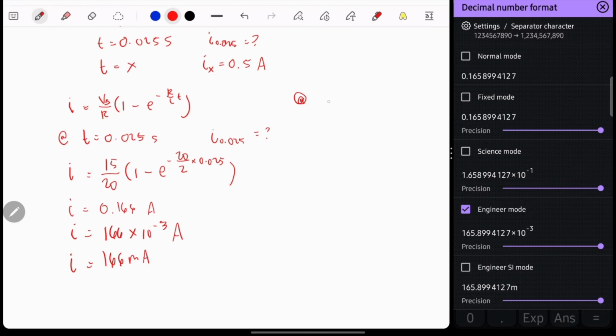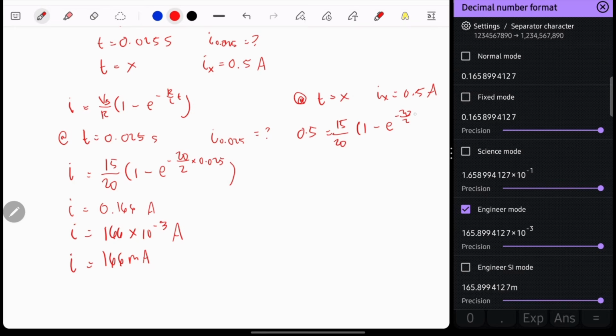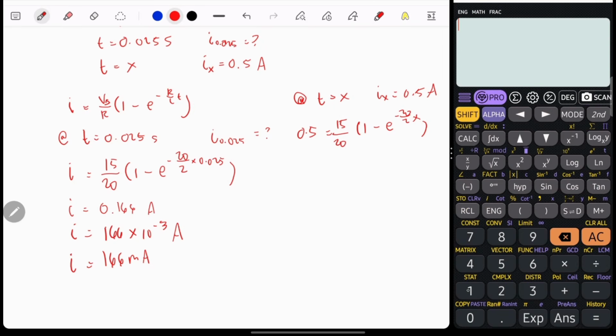So next missing is the time. At t equal to x, the current is equal to 0.5 amperes. So I is 0.5, V sub S is 15, resistance is 20, 1 minus e to the negative 20 over 2, missing time. So 15 over 20 is 3/4.